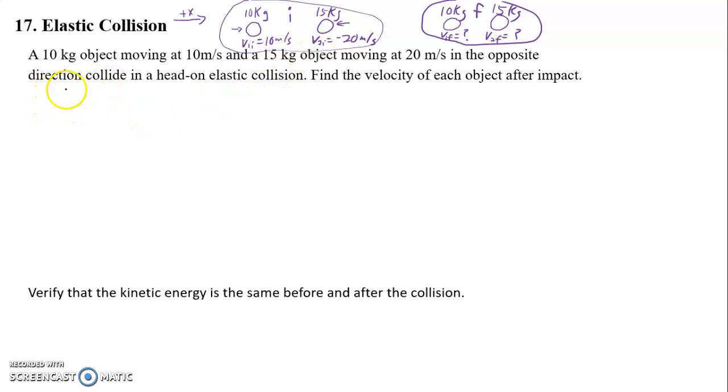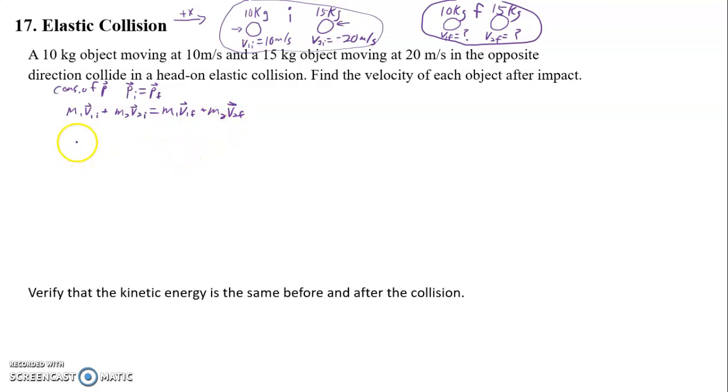Again, if we use conservation of momentum, it simply says that Pi equals Pf, initial momentum equals final momentum. So m1 v1i plus m2 v2i, remembering that velocity is a vector, equals m1 v1f plus m2 v2f.